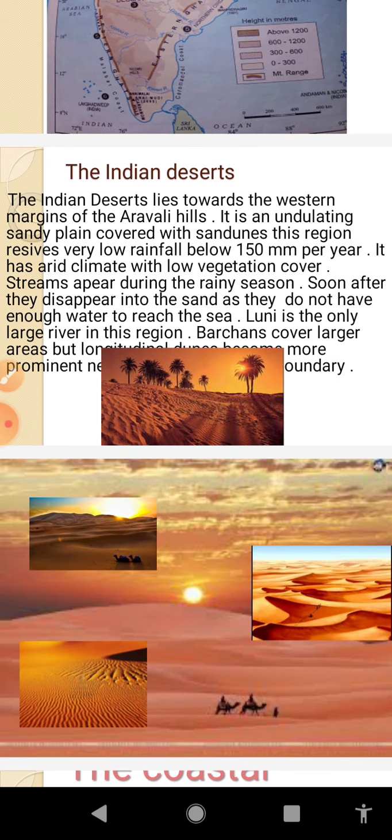And the annual range of temperature is the difference between temperature of the hottest and coldest months of a year. So both the diurnal and also the annual range of temperature always remain high in the tropical desert of our country, or you can say the Thar desert of our country.